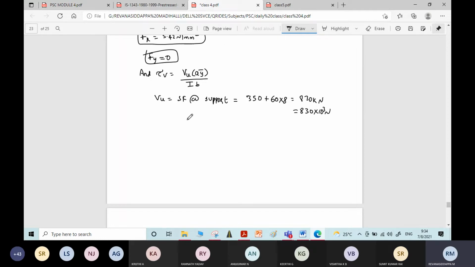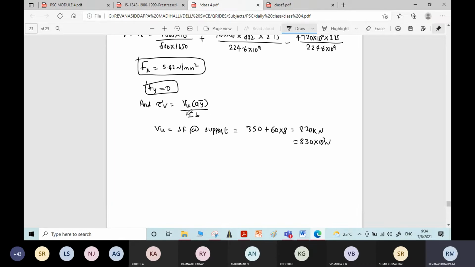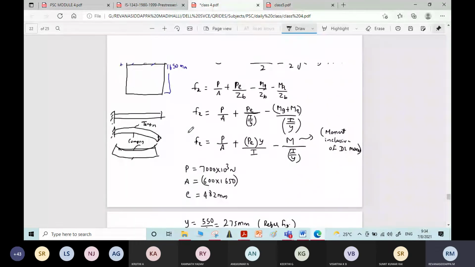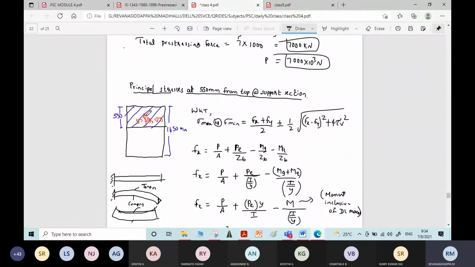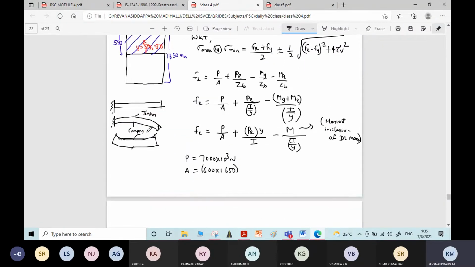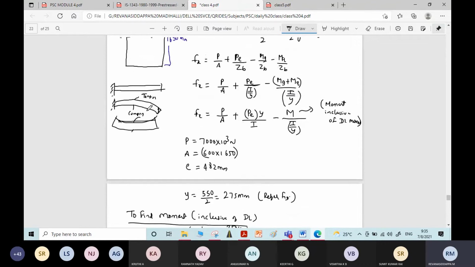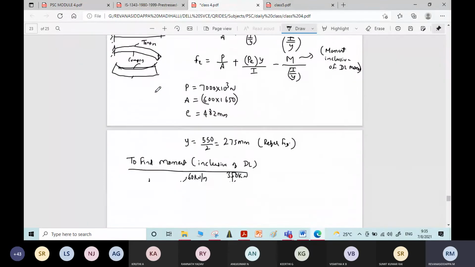Okay, Vu we got, and A y bar we have to calculate. Area, how much here? Shaded portion 550 into this width is 600 mm. And y bar will be 550 divided by 2, 275.